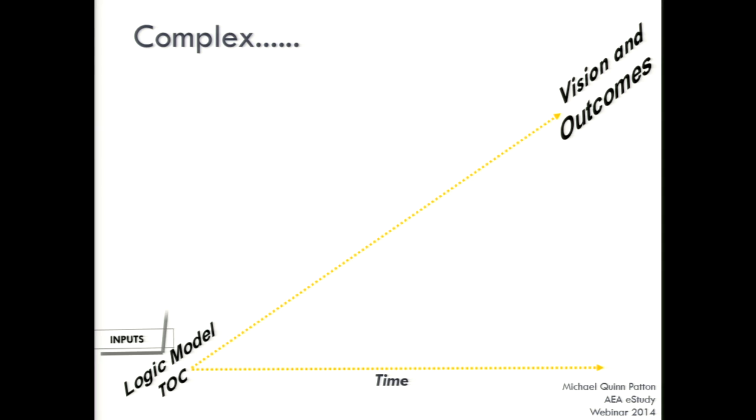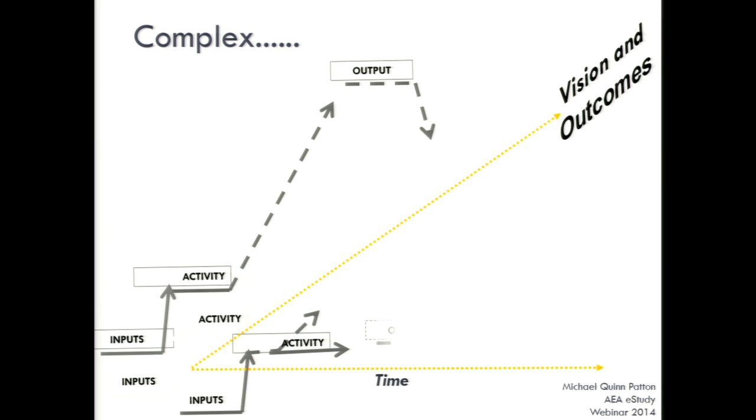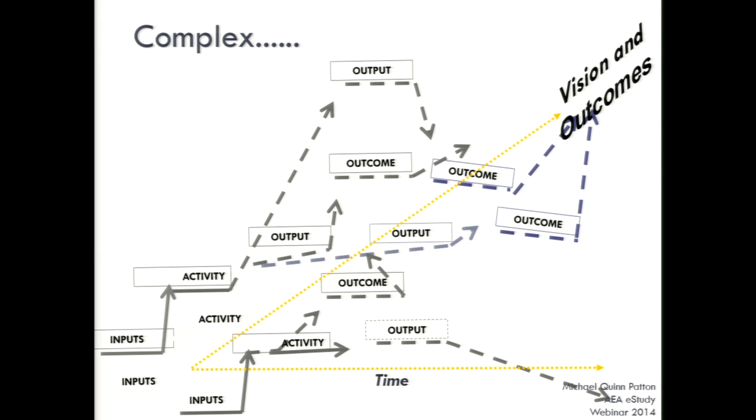What happens with complex? We may start with the logic model because we're not sure if we're encountering a complex situation or not, and we have our inputs, and we may start some of our activities, but quickly that logic model falls away because it is a complex process to try and get to our vision and outcomes. In fact, along the way, we might find that some of the activities that we implemented are taking us off track, so we need to stop those.